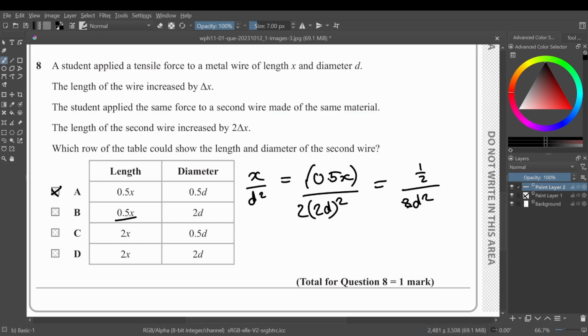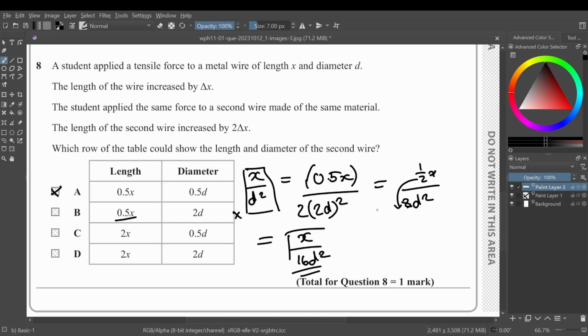So 8d square. Now this thing comes right here below, make sure to add x. So this 2 value comes down here as per the reciprocal rule, so it becomes x by 16d square, right? So this is not equal to this value right here, so this is incorrect. The option B is incorrect, right?